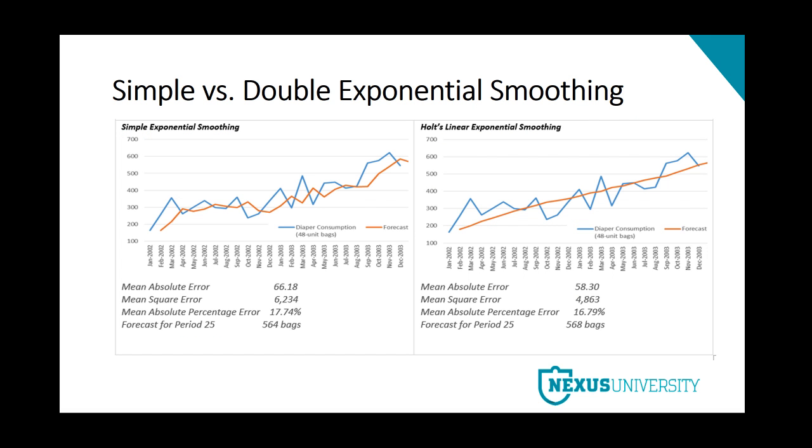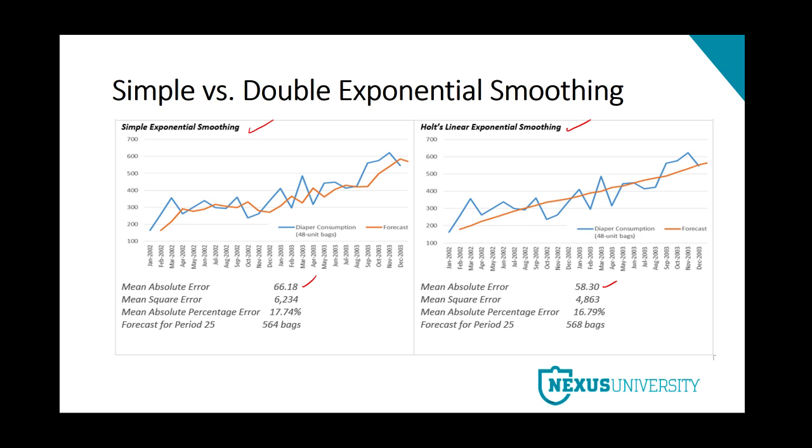This chart shows a comparison between the simple exponential smoothing method and the Holt exponential smoothing method, or double exponential smoothing method, as we just described. We can see the difference here when we look at the error measures. The mean absolute error when we use the simple exponential smoothing method is 66.18 versus 58.30 that we obtain by using the double exponential smoothing method.